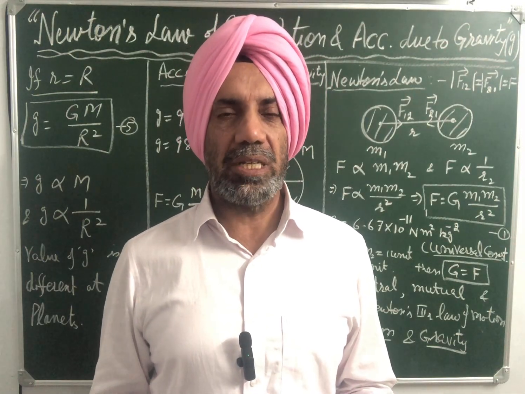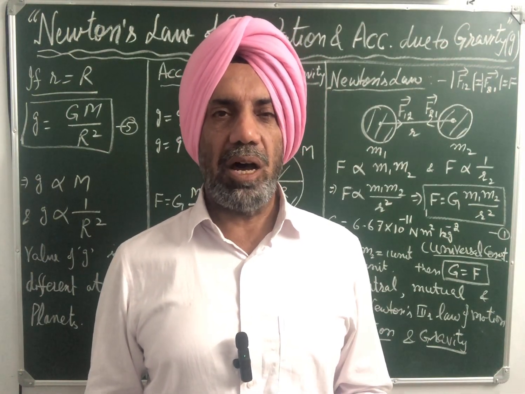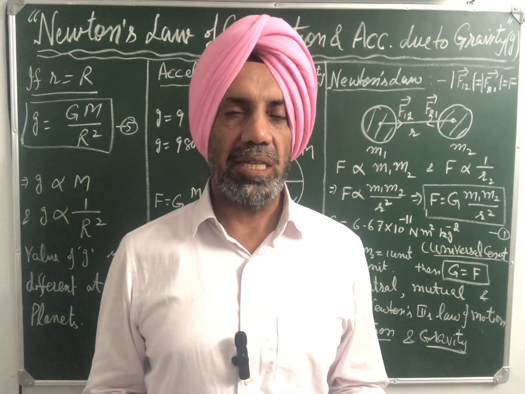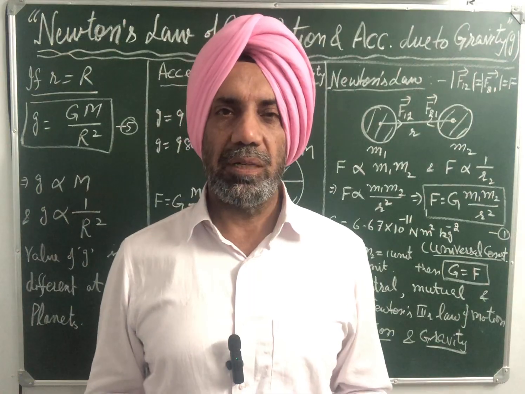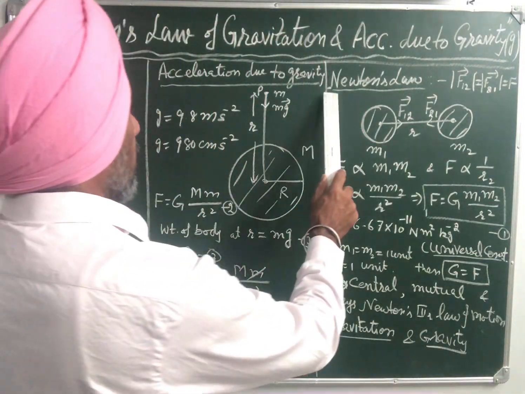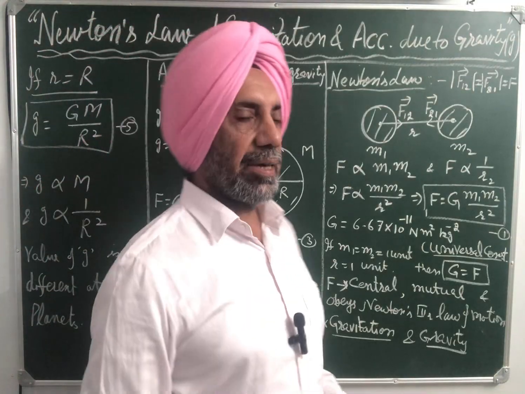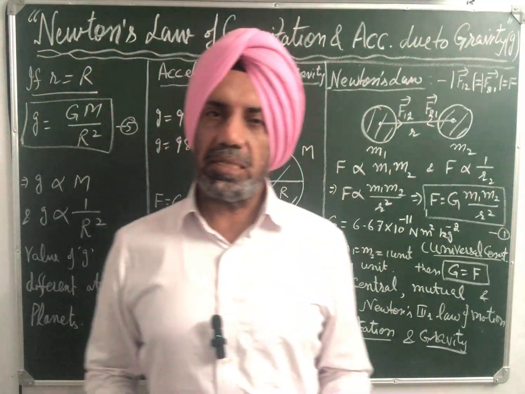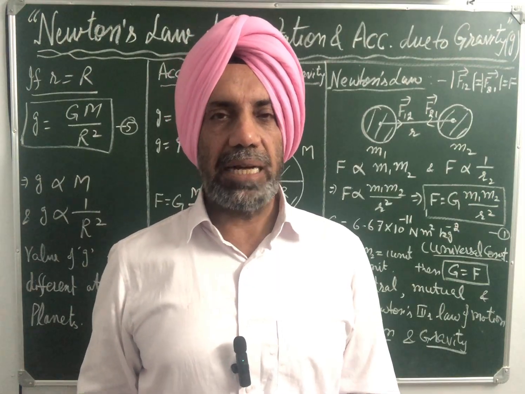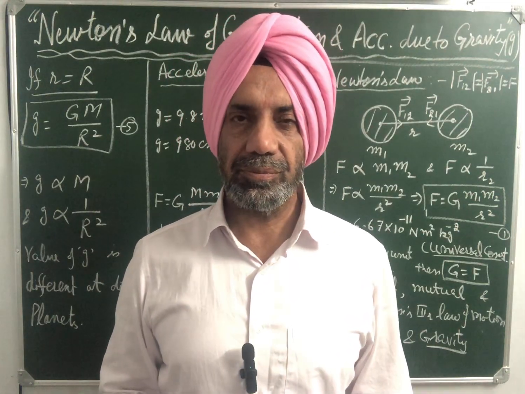Today I am going to discuss Newton's law of gravitation and acceleration due to gravity, especially for +1 physics students. So what is Newton's law of gravitation? It states that every body in this universe attracts every other body.